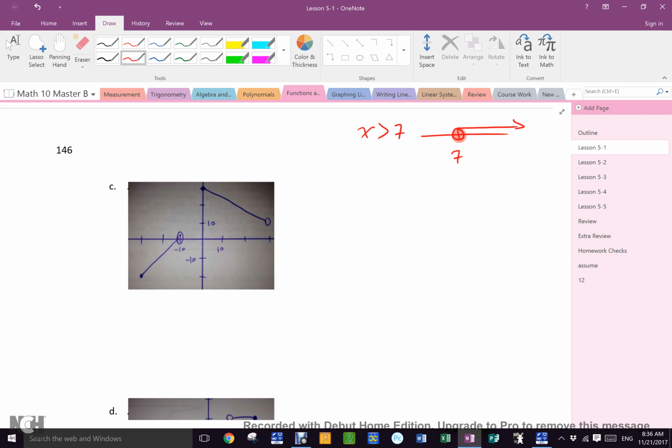Like 7.0000000000000000001 would be okay. But 7 is not. Everybody remembers that from the 9th grade? This is where it applies now. Okay?